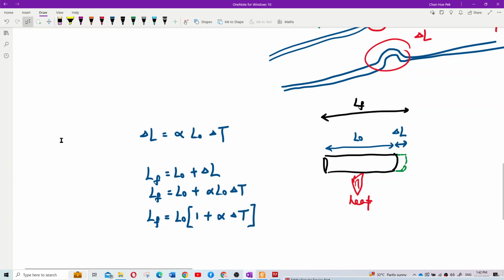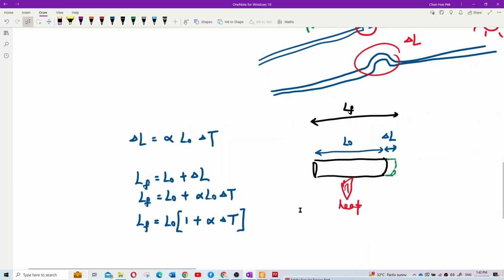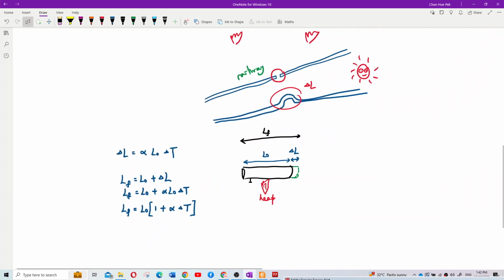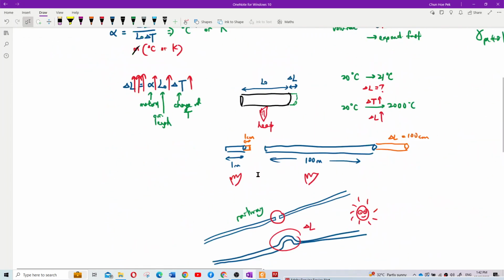If you want to find the final length, that's the formula: L naught bracket 1 plus alpha delta T. If you just want to find the change of length, then just alpha L naught delta T.